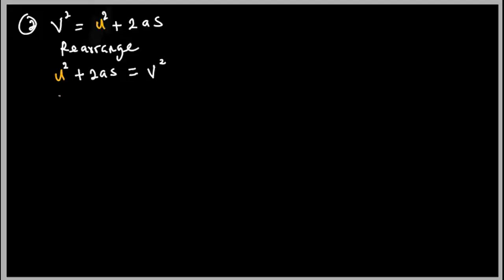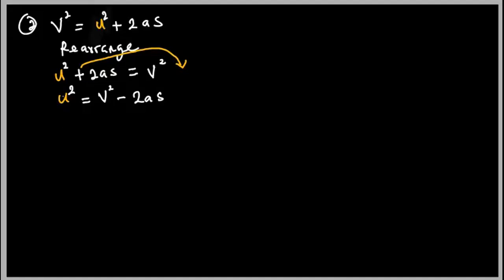So I will have U squared, and plus 2AS should go away, more precisely to the right hand side. I will have V squared, so plus 2AS travels to the other side and becomes minus 2AS.